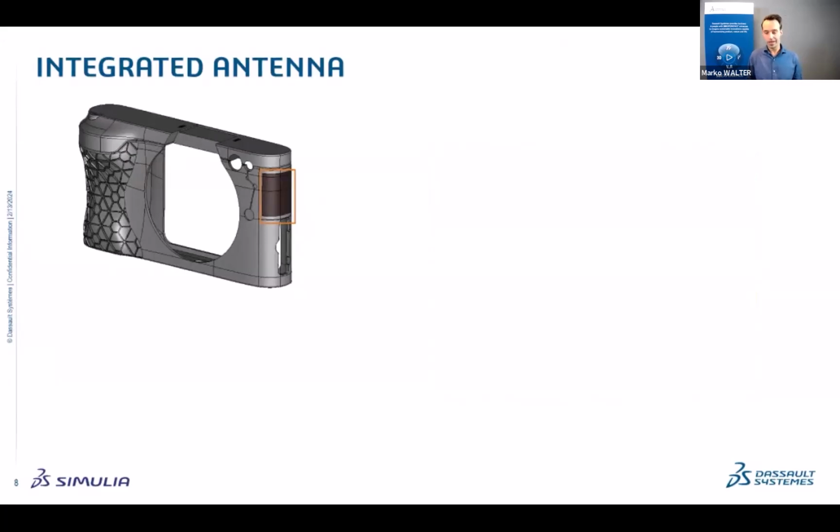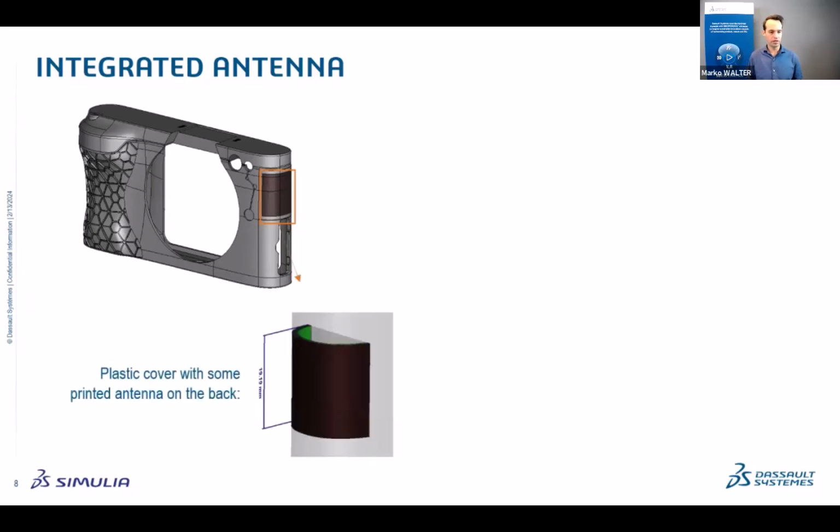There's just a small space allocated within this product for the antenna, for the radiator itself. And so the question is what to actually put in there. So there will be this ABS plastic cover. So why not just print on the back of this cover? Okay, so you can see the plastic cover there.